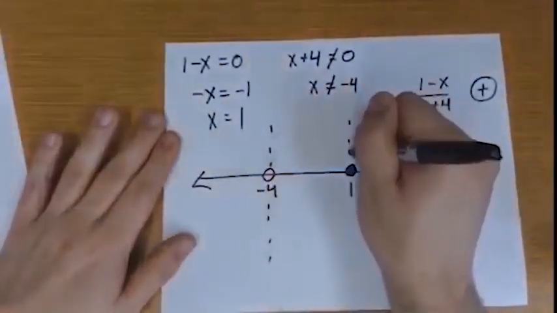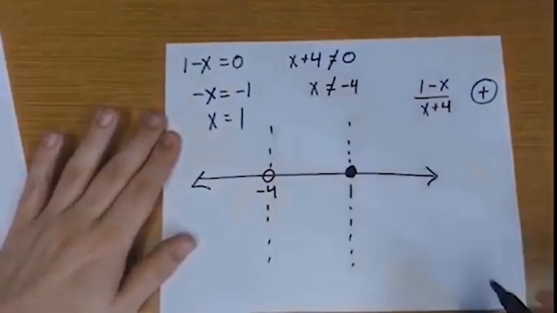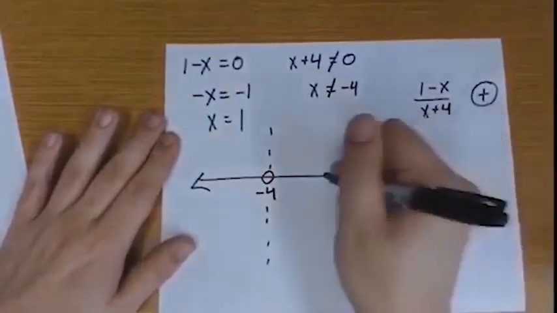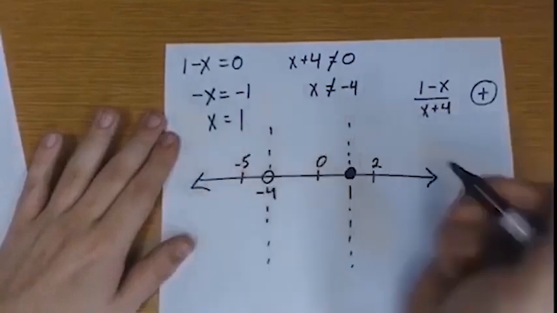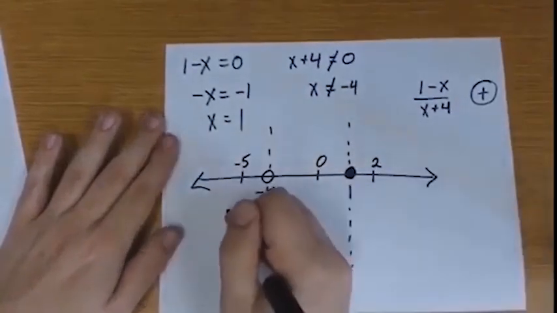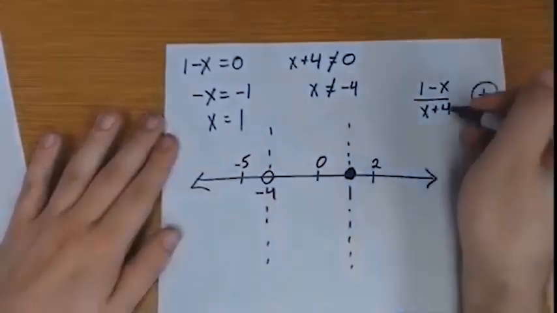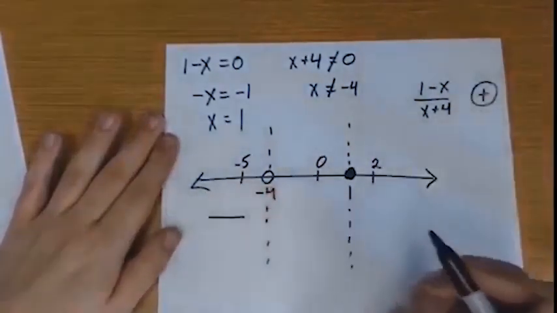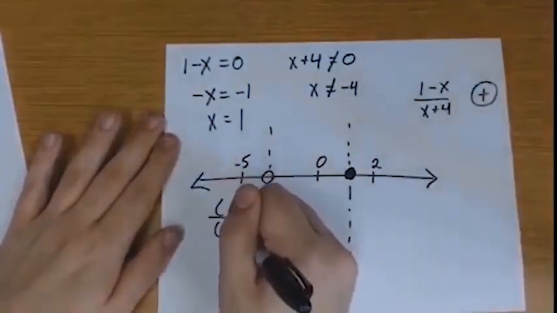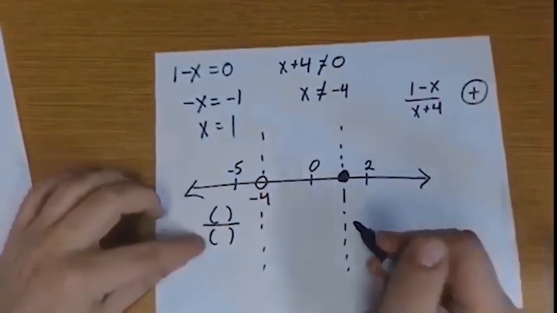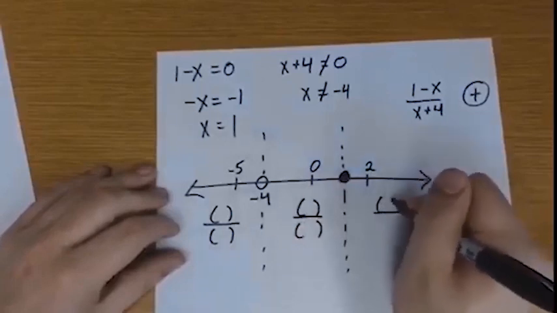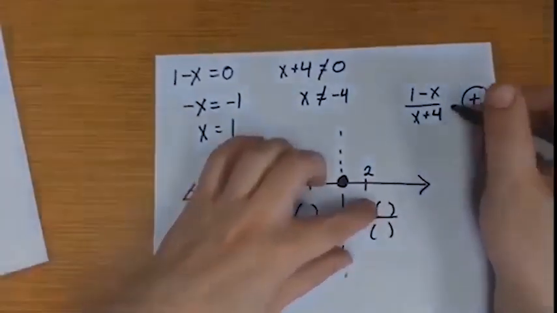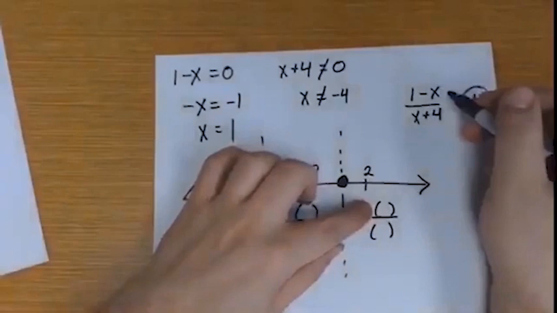Our regions, just like the quadratic. Our test points, just like the quadratic. But instead of a pair of parentheses, set up a fraction. One thing over one thing. The top represents 1 minus x.